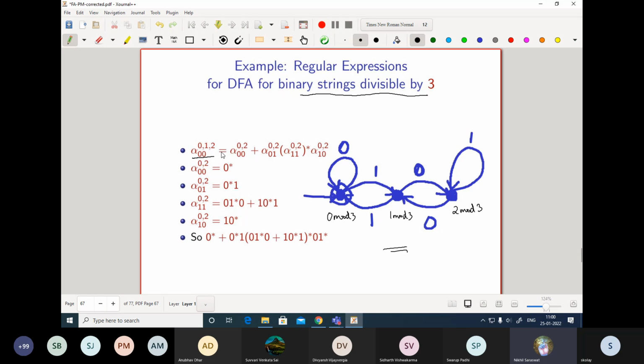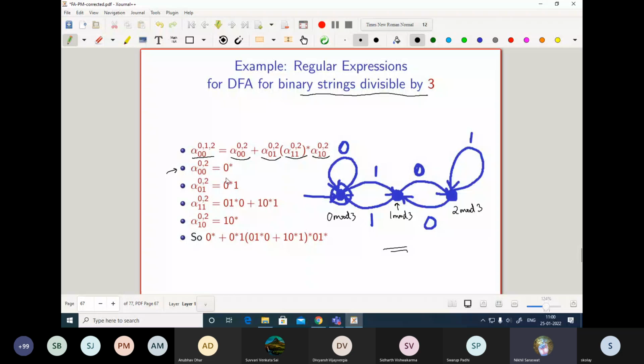And this, if I consider 1 over here to be the Q of the previous argument, then this can be rewritten as alpha 0 0 0 2 plus alpha 0 1 0 2 alpha 1 1 0 2 star alpha 1 0 0 2. Okay, and now each of these expressions, please work it out.